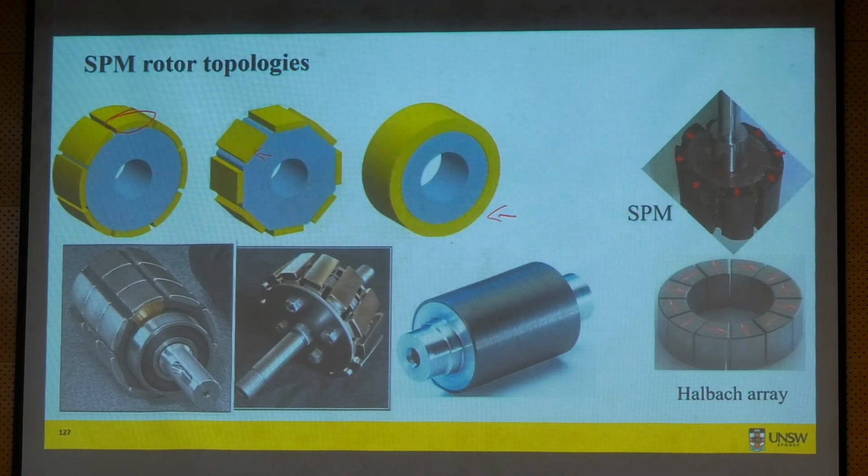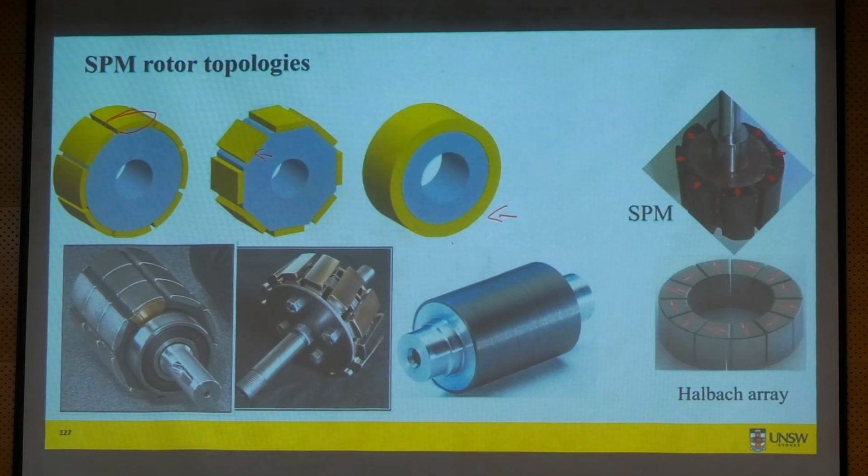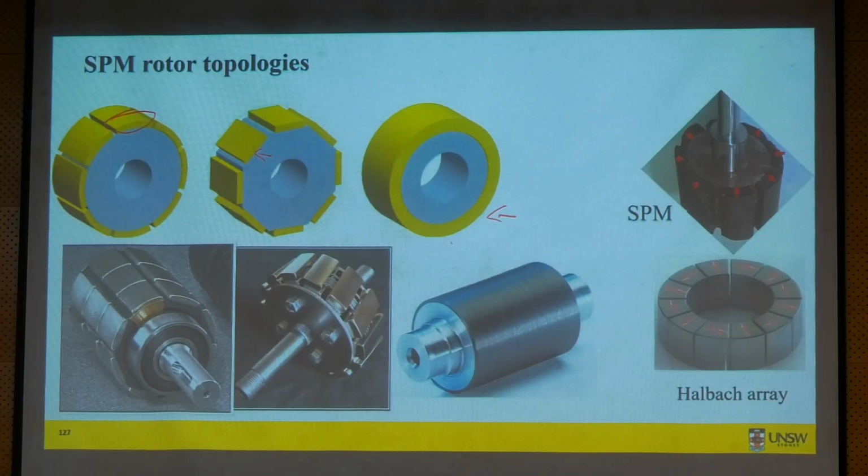So you have one single piece of magnet, like a ring or cylinder, and then on top of it you can have a sleeve, so that it gets mechanical robustness. Okay, so the magnets are covered by a sleeve, a carbon fiber sleeve, to give it more mechanical robustness.